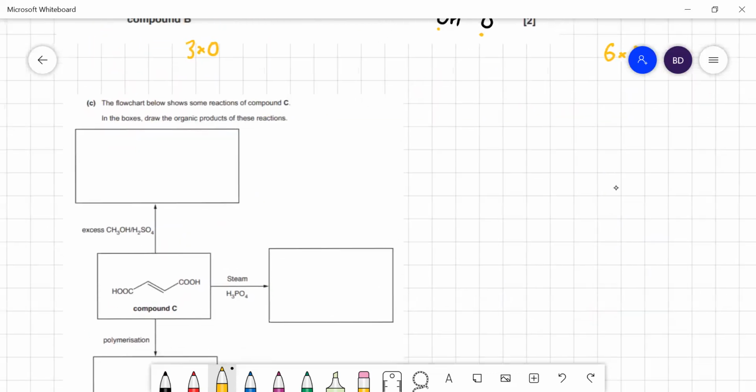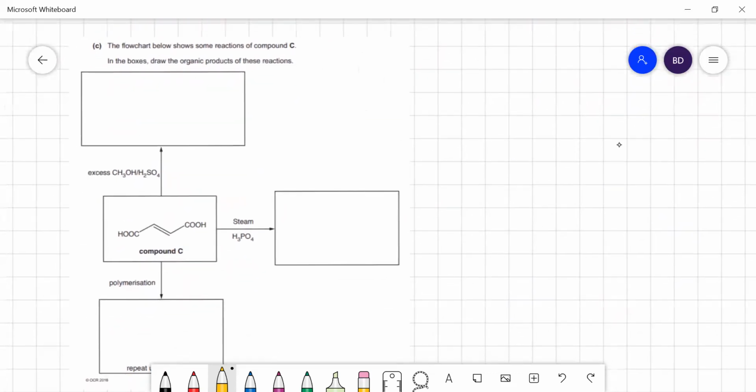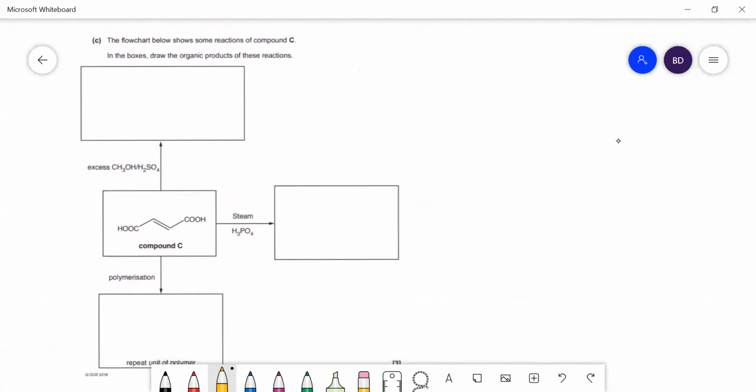Right, okay, so we've got this compound C, and we've got to draw the organic product of these reactions. So compound C has got a carboxylic acid on each end, and it's got a carbon-carbon double bond, an alkene group there. Okay, so let's see, steam and phosphoric acid. That is going to react with an alkene group.